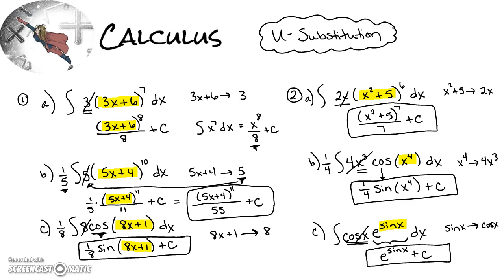All right, so let's just jot down at the top here. Number 1, look for an inside function. There won't always be one, but for right now there will be because you're learning about the U-substitution method. So look for an inside function. Number 2, jot down its derivative.